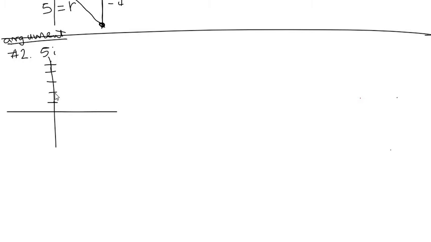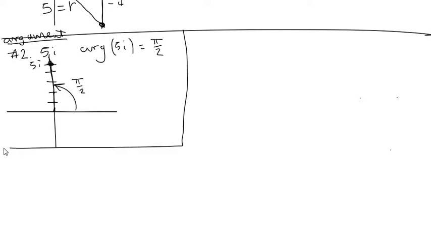This is 1i, 2i, 3i, 4i. Here's 5i right there. And it lies on the terminal side of the angle pi over 2, right? So there we go. The argument of 5i is pi over 2, because when you plot that number in the number plane, it lies on the terminal side of pi over 2.